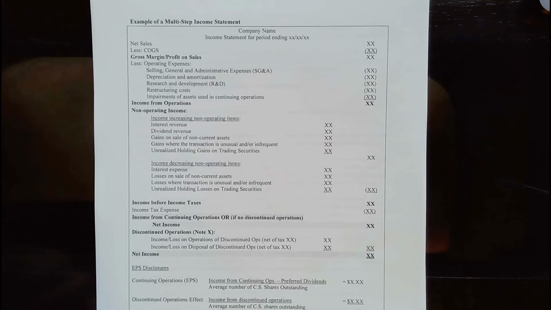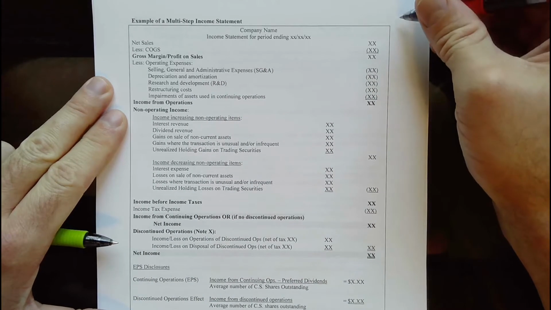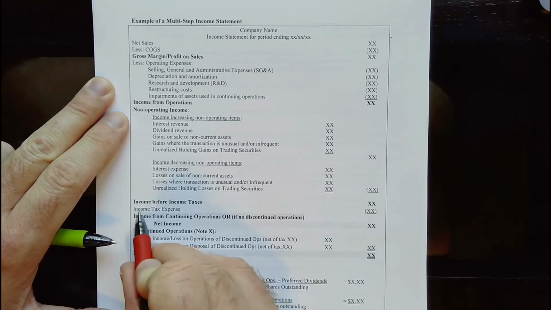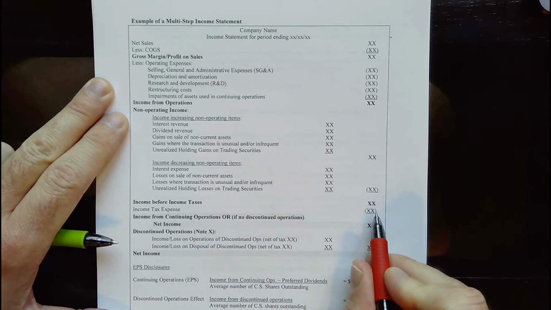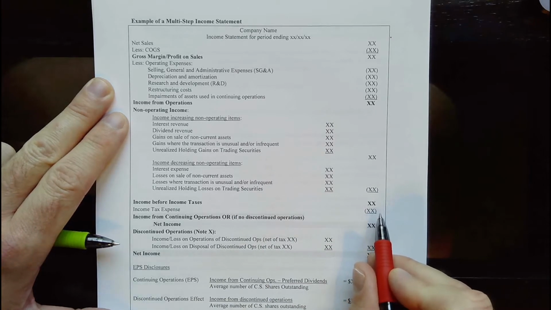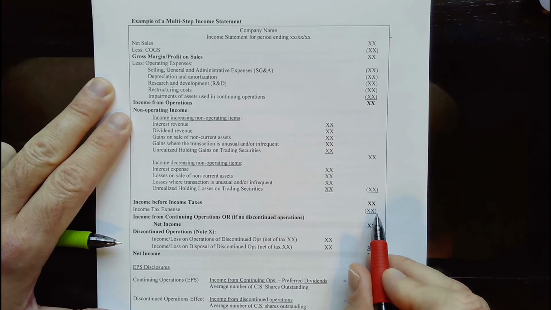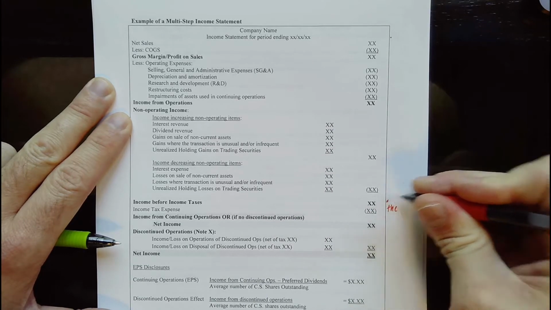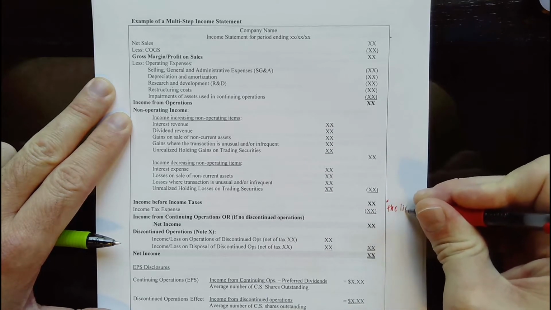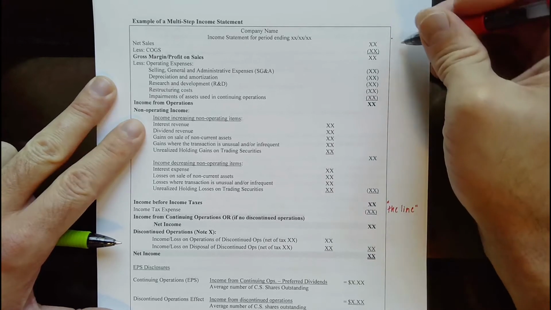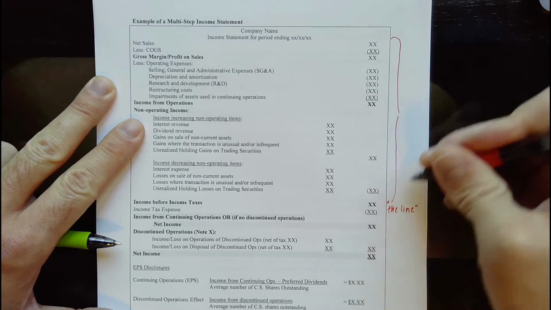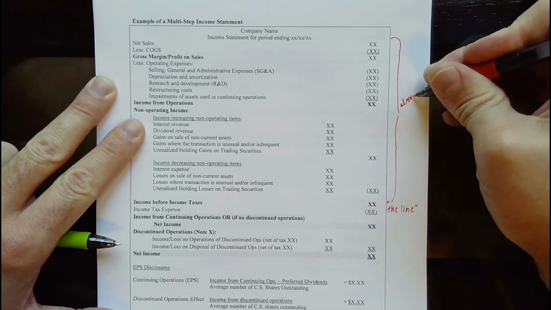I'm going to break it into first two large designations up here above the line items. So when we talk about above the line versus below the line, which is something you'll hear commonly in reference to an income statement's organization, the line becomes tax expense. So this is where taxes are taken out. Everything up here is going to be above the line items.